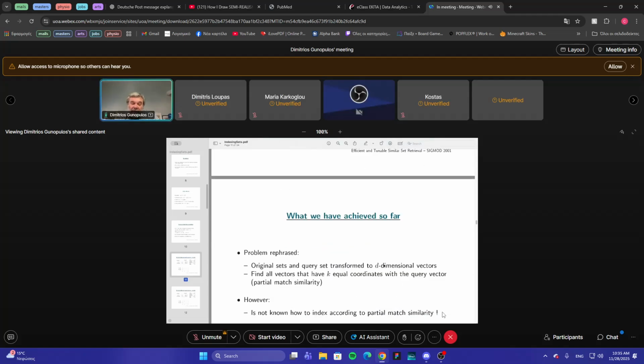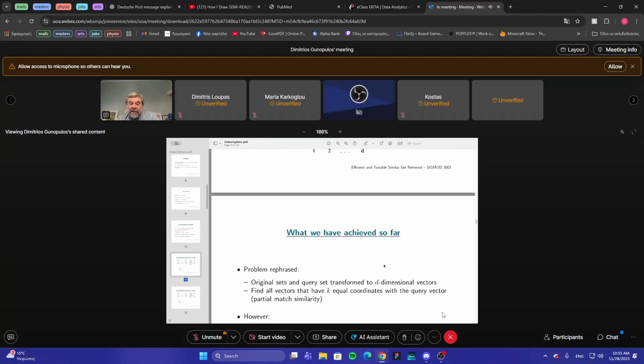So what we have achieved is this: instead of a high dimensional original space of sets and so on, we actually have vectors of much lower dimension, and we now want to find vectors which have a lot of similar coordinates with the query vector.